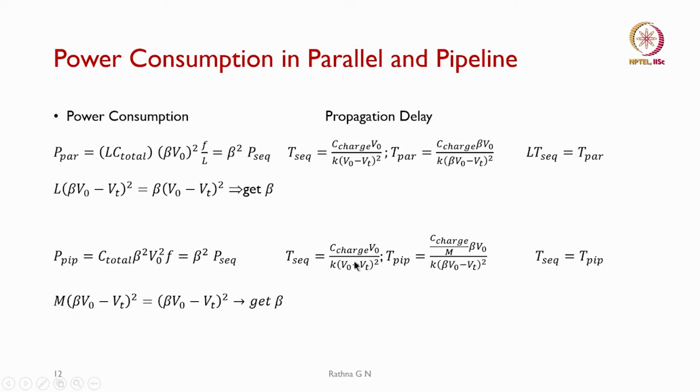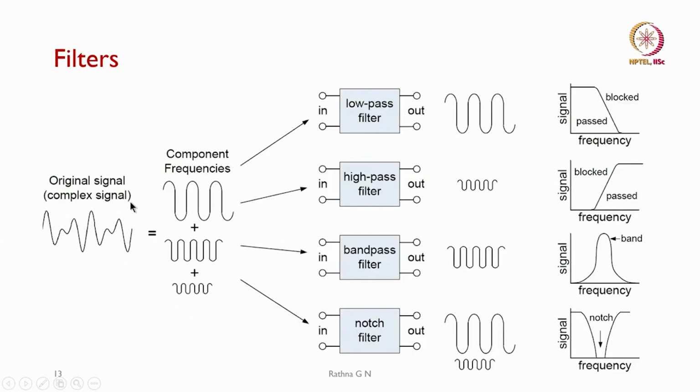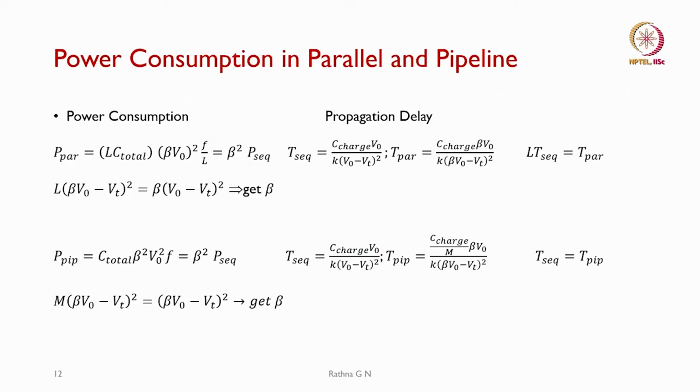The equations for the propagation delays have been given, and we will be solving for L and M values, and we can combine both pipeline and parallelism to get L by M as the operating voltage of our circuits.